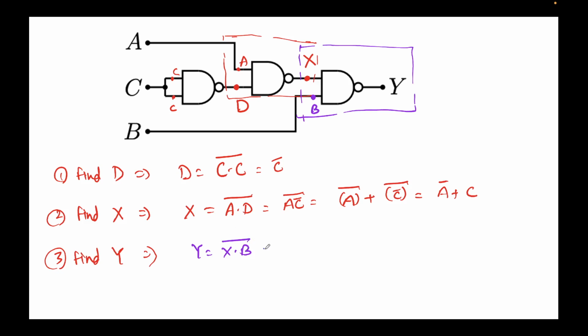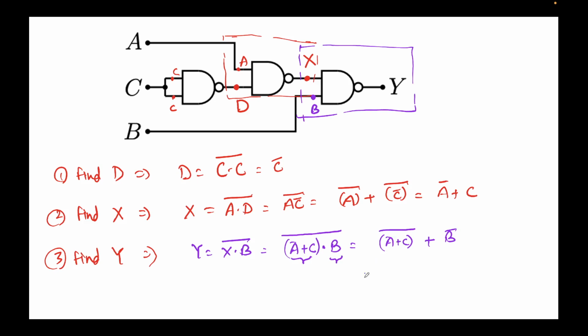The value of X is A bar plus C, times B, whole bar. You can again apply DeMorgan's law on this. So it will be A bar plus C whole bar plus B bar. This is the first term, this is the second term.